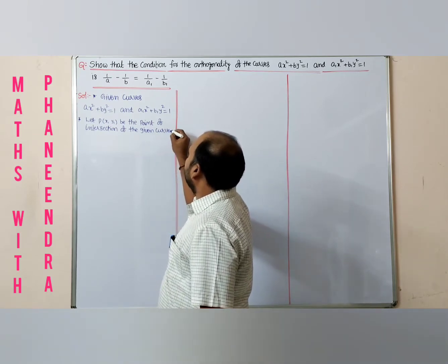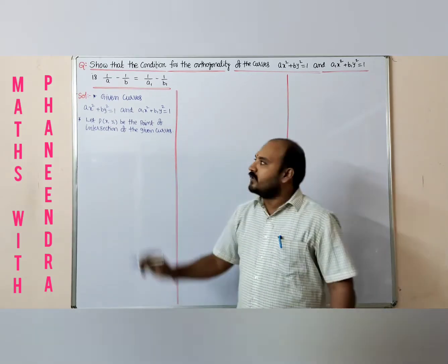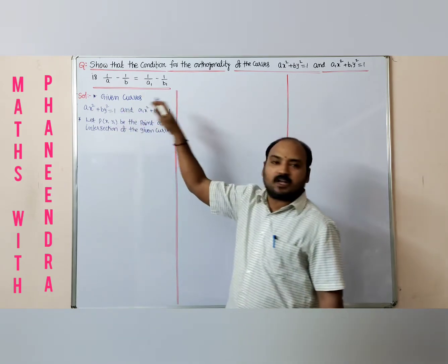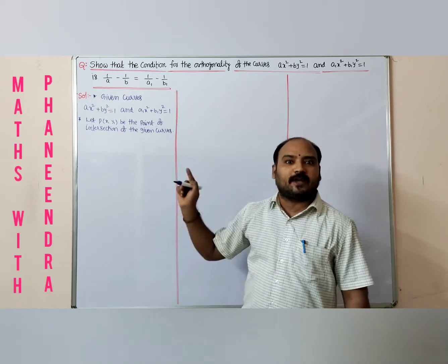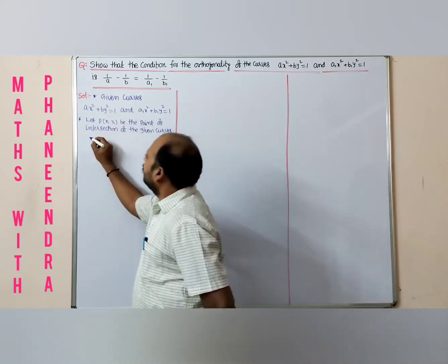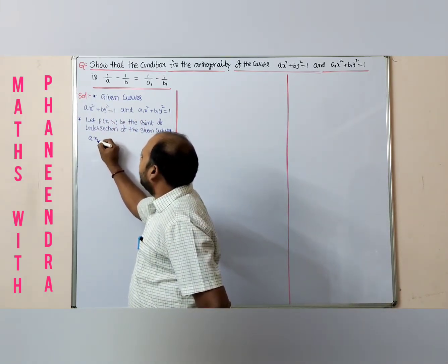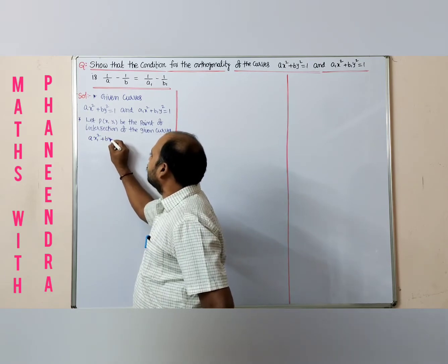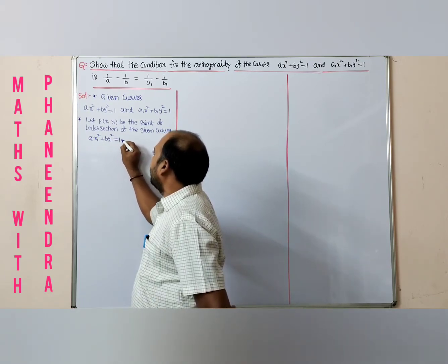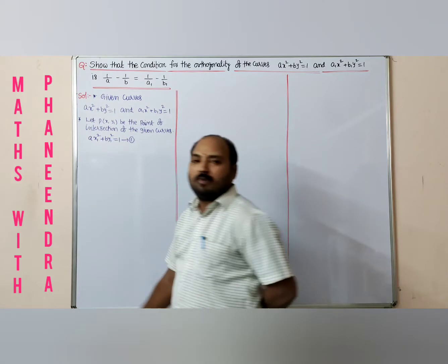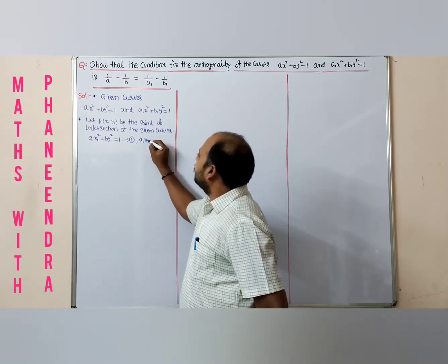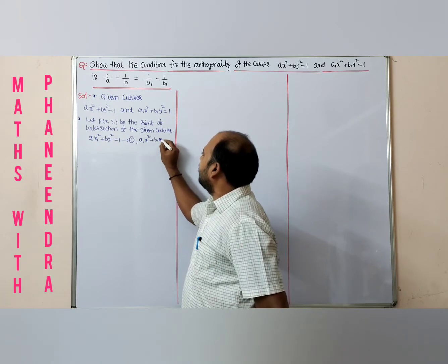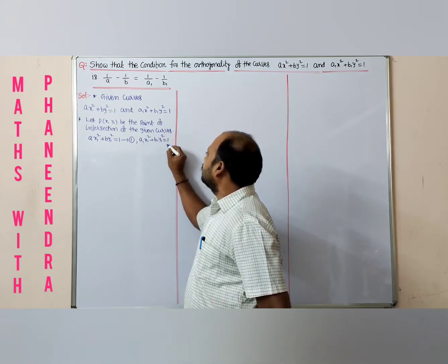So whenever it is a point of intersection, this point lies on the first curve as well as the second curve. In place of x comma y, substitute x1, y1. So ax1 square plus by1 square is equal to 1. Keep that as equation number 1. And a1 x1 square plus b1 y1 square is equal to 1.